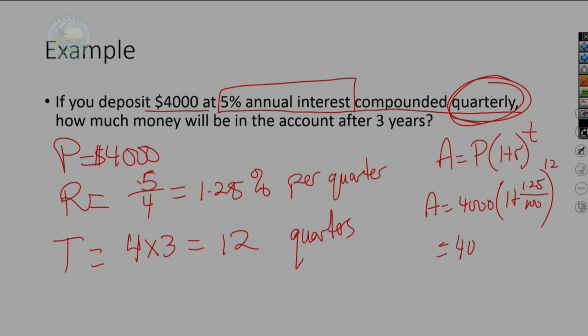So that becomes 4,000, 1 plus 0.0125. This is supposed to be a 5, so let me write it a little better. To the power of 12. So that's 4,000 by 1.0125 to the 12.